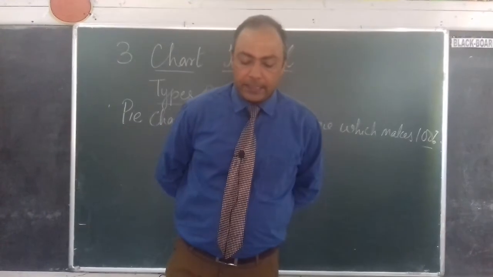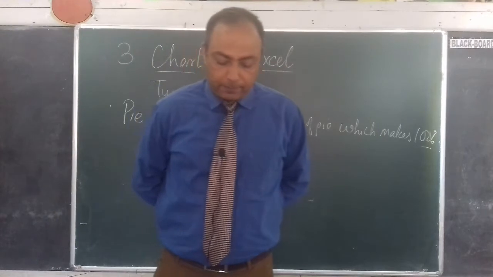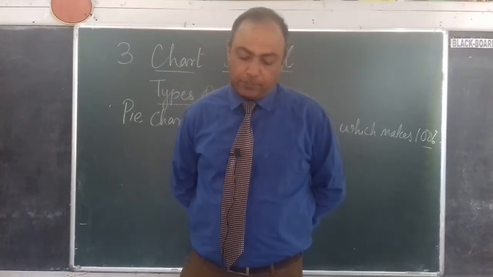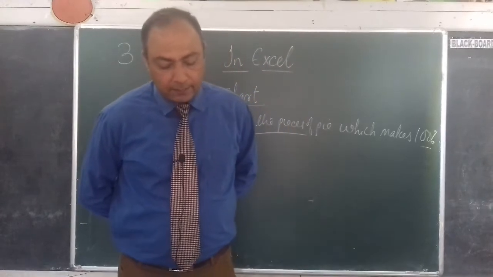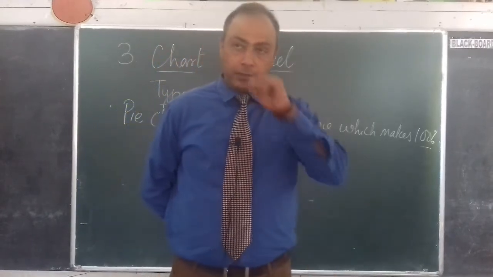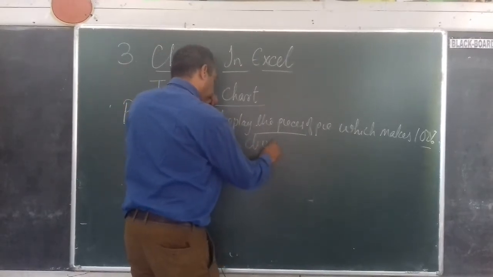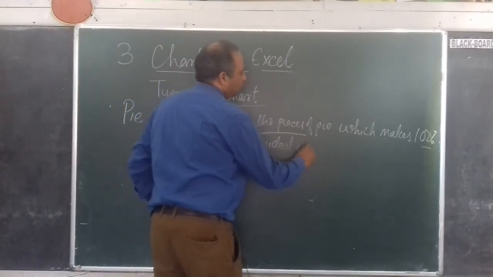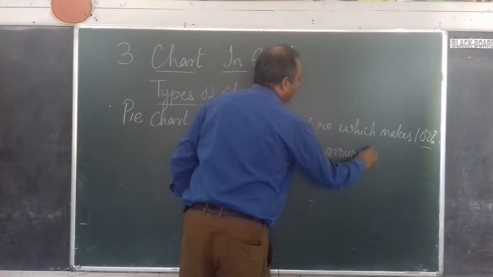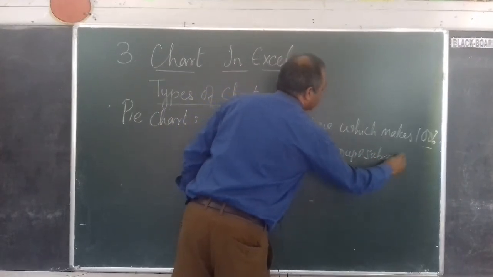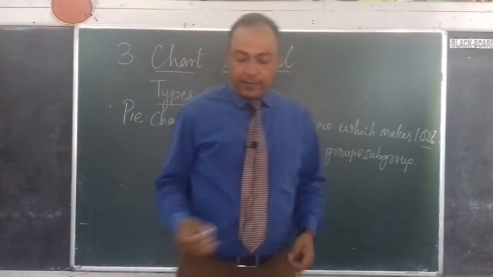A pie chart displays the data as pieces of a pie, and it ensures that all the pieces make up 100% of the data. It shows the data by dividing it into groups or subgroups. So data can be divided into groups and subgroups.